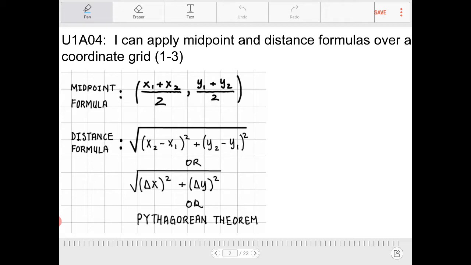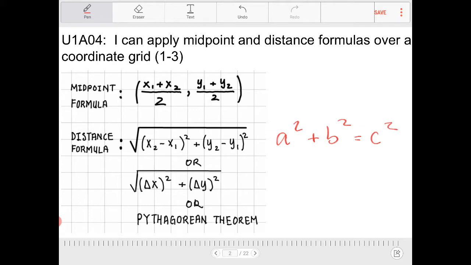And then a third way of thinking about it is that the distance formula is simply the Pythagorean theorem. It's the Pythagorean theorem where I have a squared plus b squared equal to c squared.